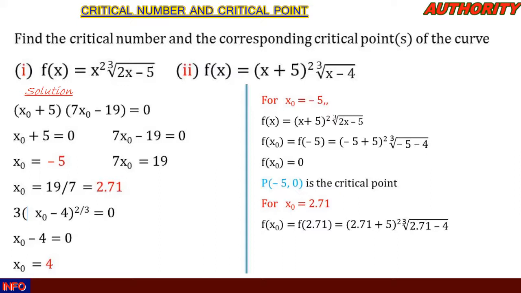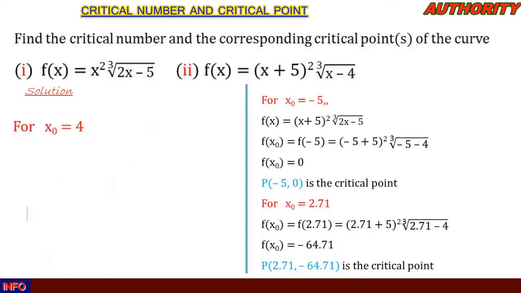When we simplify this, we're going to have minus 64.71. So P of (2.71, minus 64.71) is the corresponding critical point for the critical number x naught equal to 2.71.